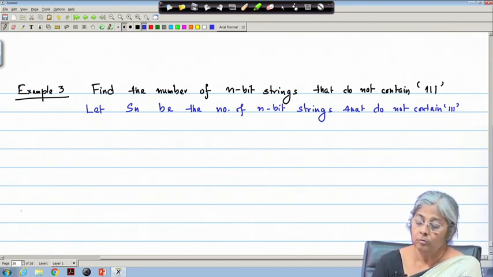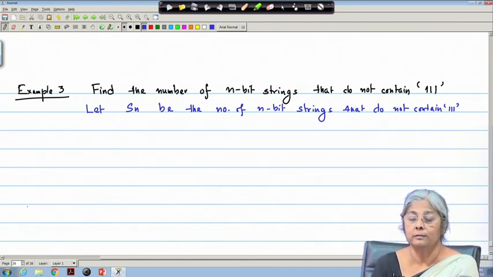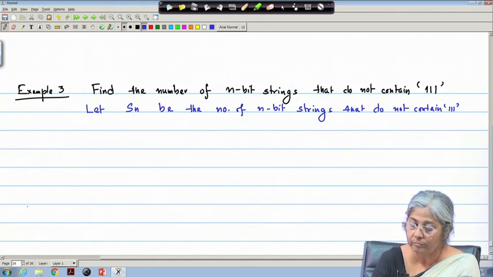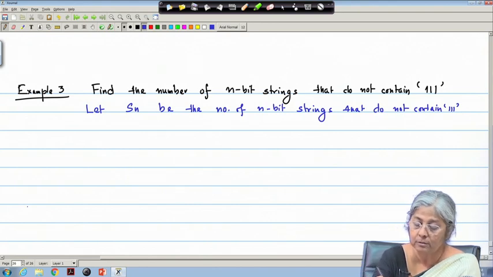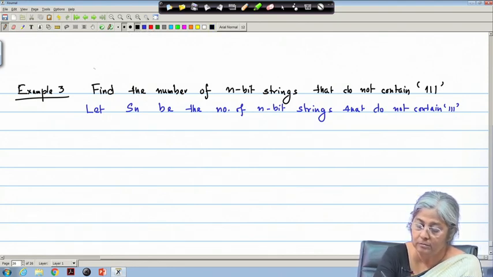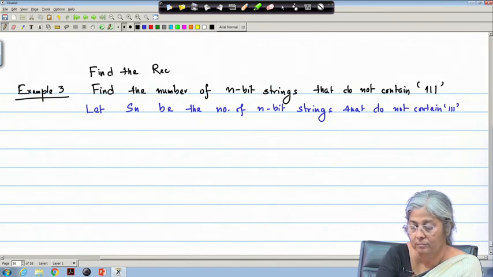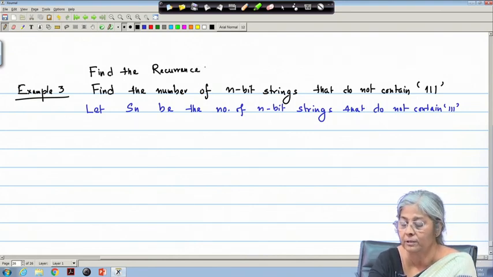Now, we want to find out the recurrence relation, because first we try to frame the recurrence relation.